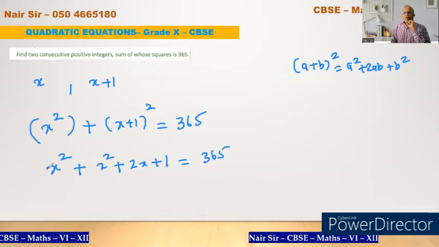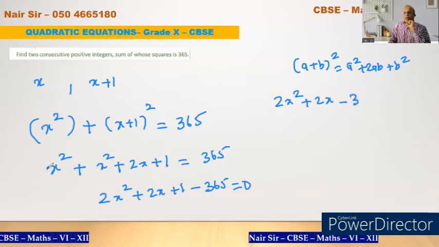x squared plus x squared gives 2x squared plus 2x. 365 comes to this side, so plus 1 minus 365 is equal to 0. Now 2x squared plus 2x, 1 minus 365 is equal to 0. If you notice this particular equation, this whole thing can be divided by 2, because everything is divisible.